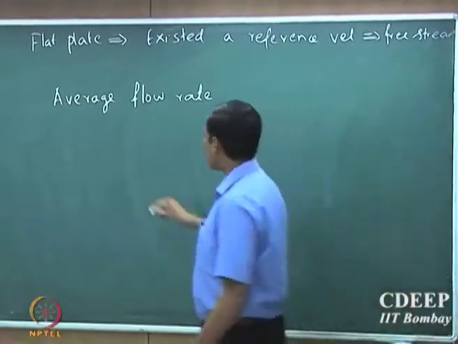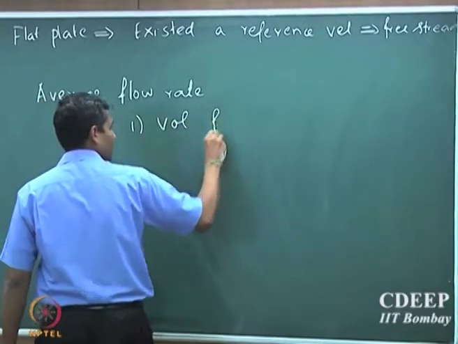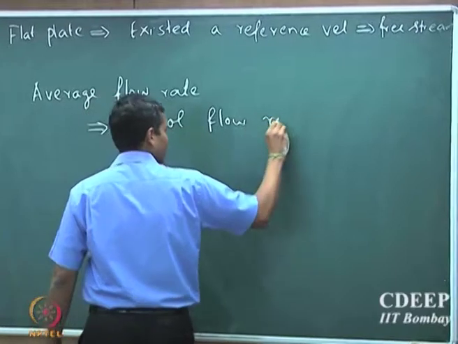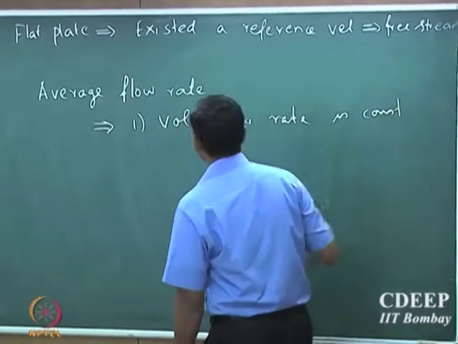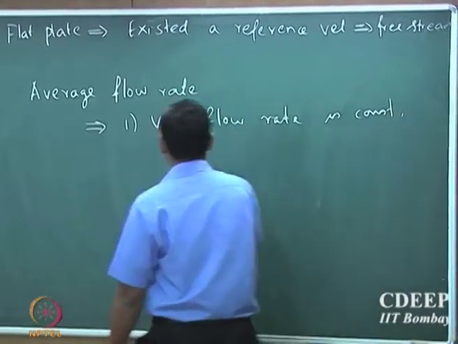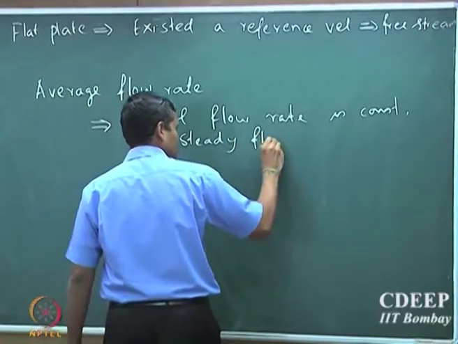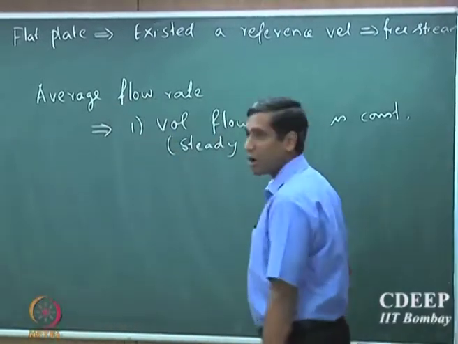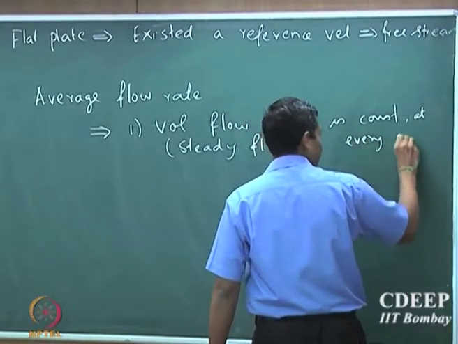One is that the volumetric flow rate is constant if it is a steady flow. The steady flow is constant at every cross section. That's very important.